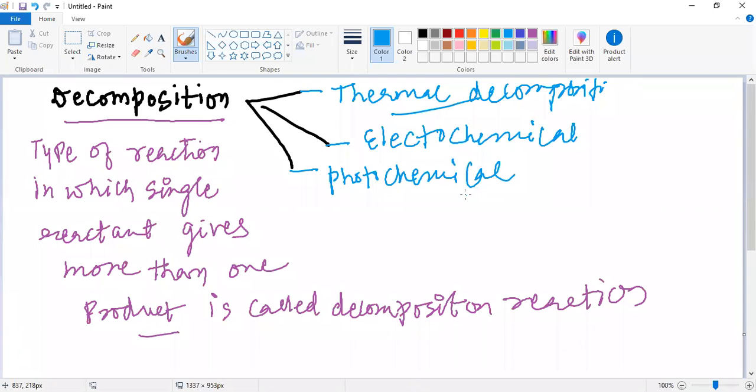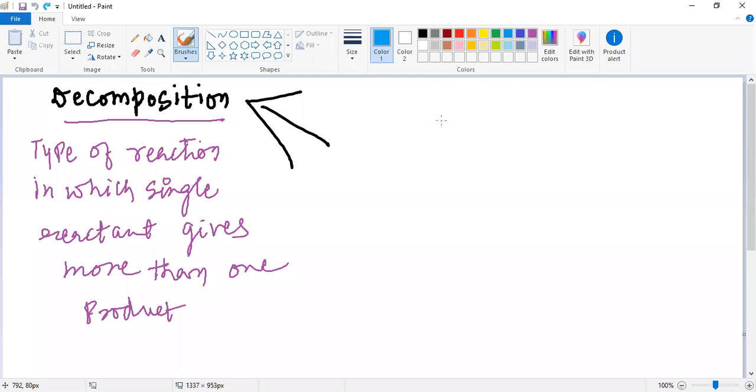So we have studied about the various types of decomposition, and now, my dear students, we should study about the next one. Let us study about the photochemical decomposition.